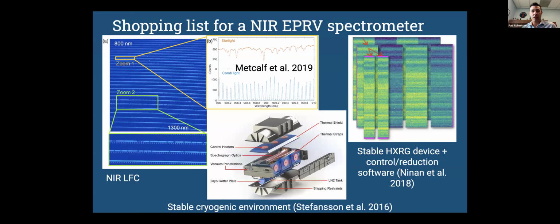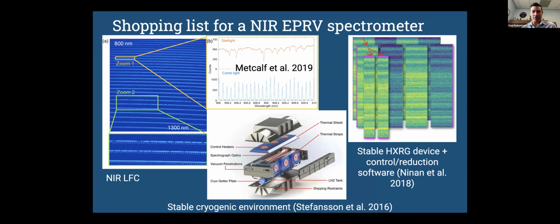So one thing you need is a calibrator. So we have a near-infrared laser frequency comb that was developed by our colleagues at NIST. I remember when I was a junior grad student, we were talking about trying to do this with an absorption cell calibrator. And one of the better gases for providing lines in the near infrared was hydrogen fluoride, which is not a good idea in an observatory environment.